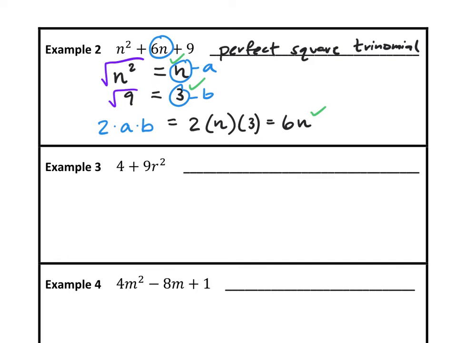All right, and then let's look at number 3. First off, it's made up of 2 terms, so it's a binomial, so it might be a difference of squares. But if it's a difference of squares, then we have to check to see if there's subtraction going on, and there's no subtracting.